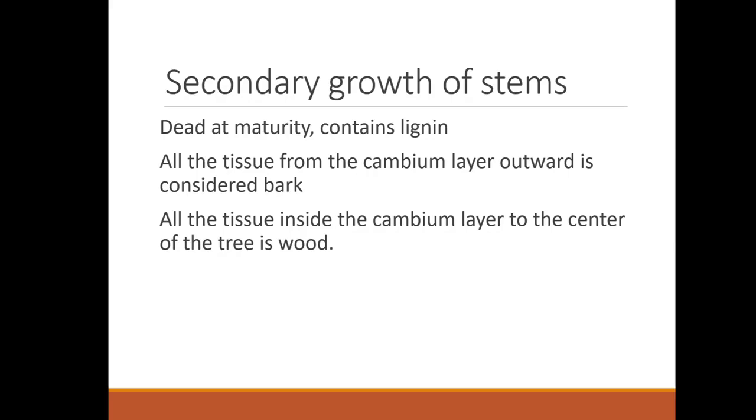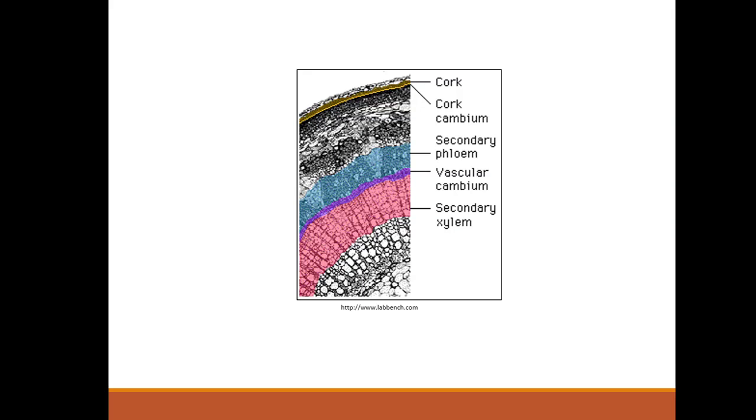Lignin is the hard part of the wood. And all the tissue from the cambium layer outward is considered bark. All the tissue inside the cambium layer to the center of the tree is wood. And here's just another slice of what that looks like. You can see the vascular cambium between the secondary phloem and the secondary xylem.